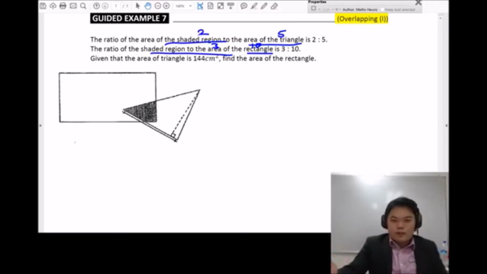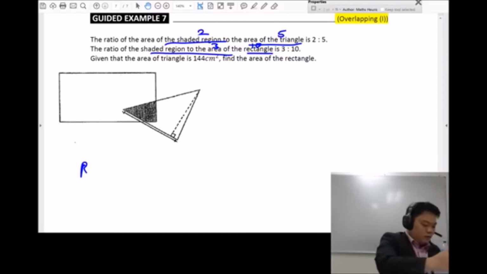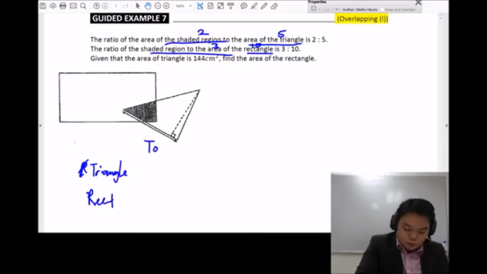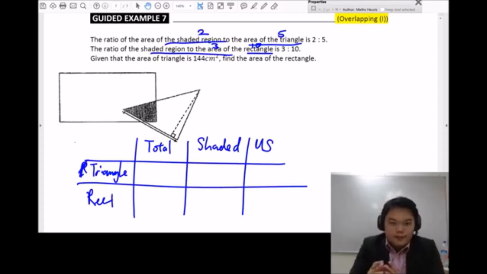So here, there's a lot of ways to organize your information, but what I recommend is this. Label down first, you have your rectangle. Now then my triangle first, then your rectangle. That total area, the shaded areas, and the unshaded areas. Alright, so once we have this, we will allocate the units and parts respectively.